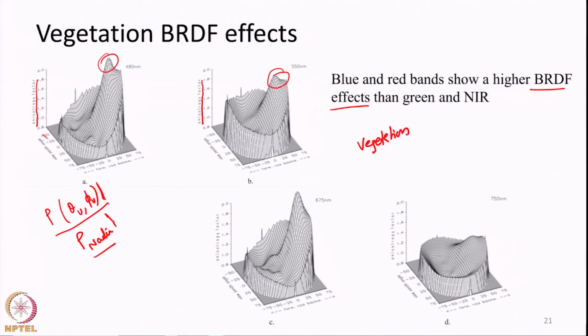Vegetation observed at different angles may look completely different, and the blue and red bands show higher BRDF effects than the green and NIR bands, as per some experiments.